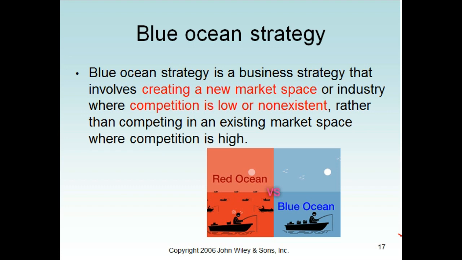Another example is Tesla. Tesla is an electric vehicle company and they created a new market space for itself by focusing on high performance, environmentally friendly vehicles that appeal to a niche market segment of environmentally conscious consumers.